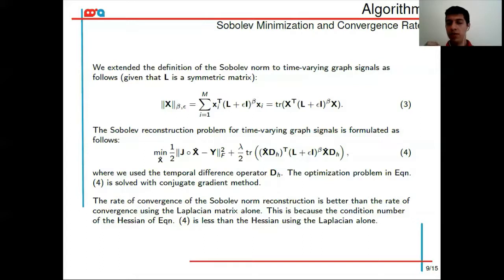Then the Laplacian is ill-conditioned, but when we add this epsilon times the identity matrix, we are improving the condition number, and this gives us a better convergence rate in the optimization problem. We have the proof of this fact in the paper.